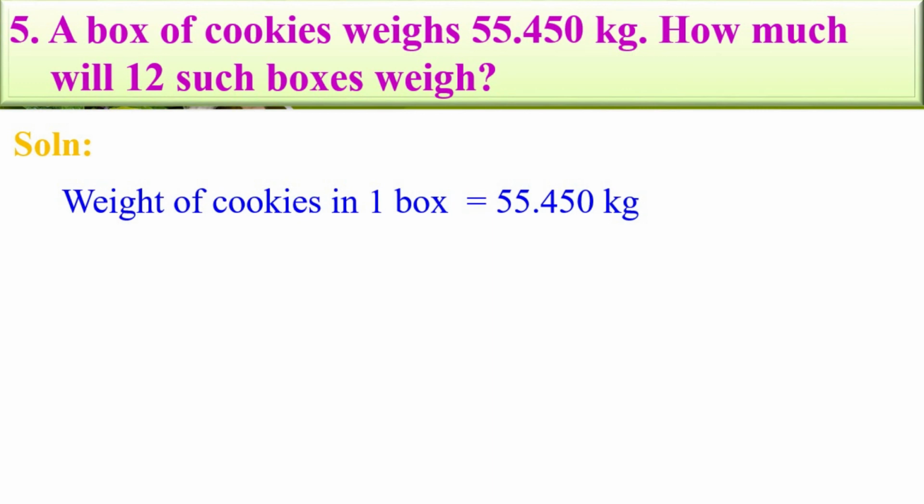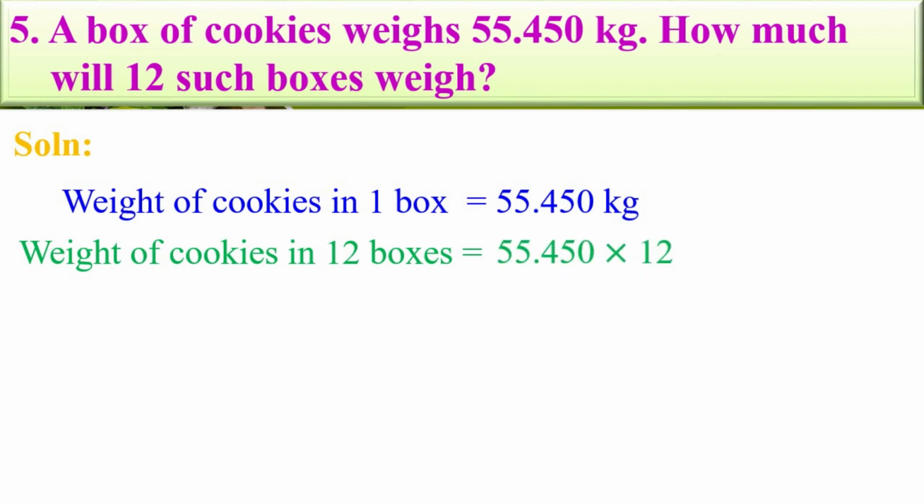Now we have to find the weight of 12 such boxes. That is multiplication. Weight of cookies in 12 boxes. Therefore, 55.450 multiplied by 12. Now multiply the values. The point is there, so first step, ignore the point and multiply the numbers.